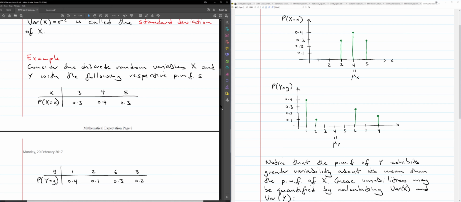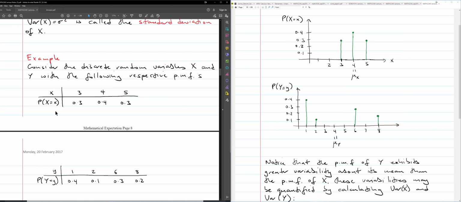For random variable x, the probability of getting value 4 is 0.4, and this would be this line over here. Similarly, you get the line for x equal to 5, and the same way you form your line diagram for random variable y.